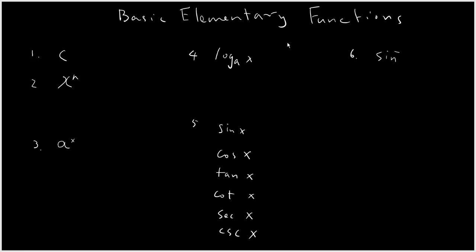The first one is inverse sine of x. We use a notation like this to denote inverse sine of x, or some people also call it arcsine of x. It's the same thing.